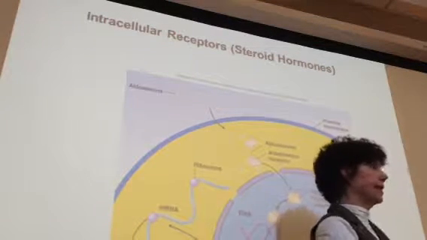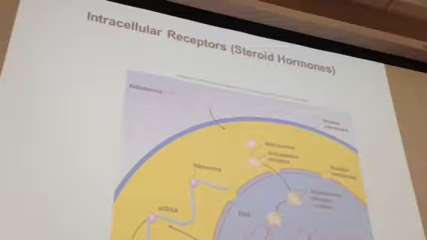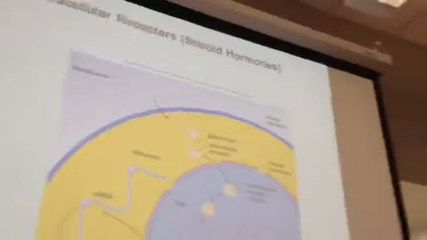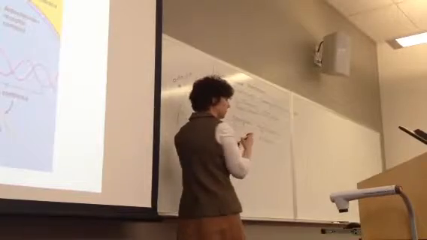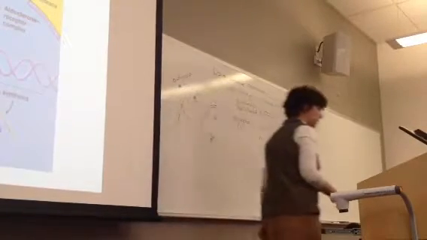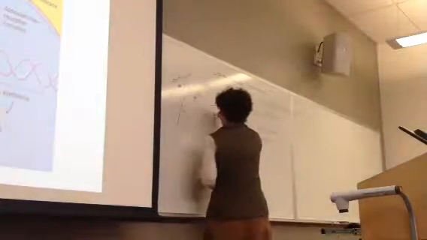If the receptor is in the cytoplasm, the receptor bound to its hormone will end up diffusing and still end up in the nucleus.